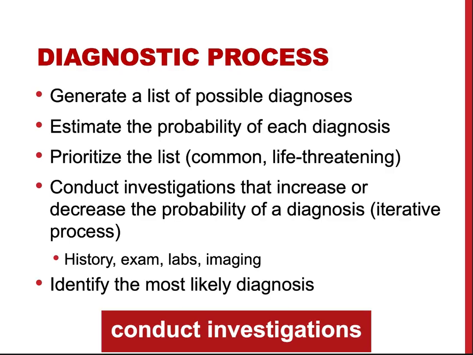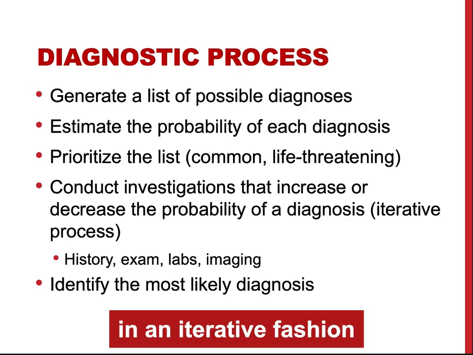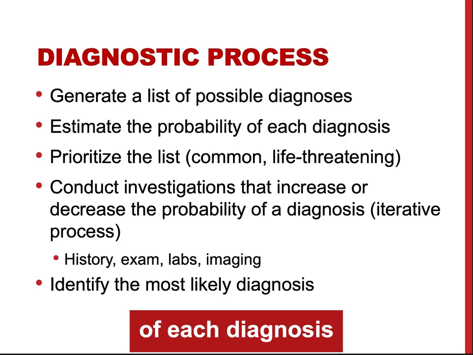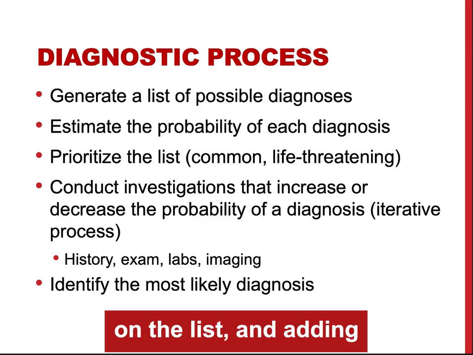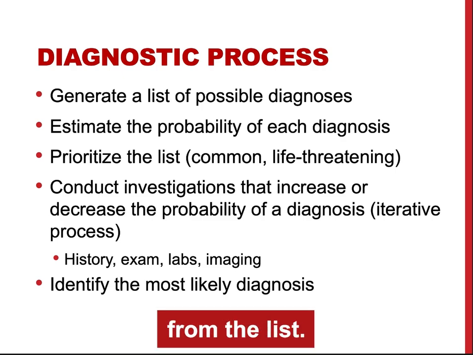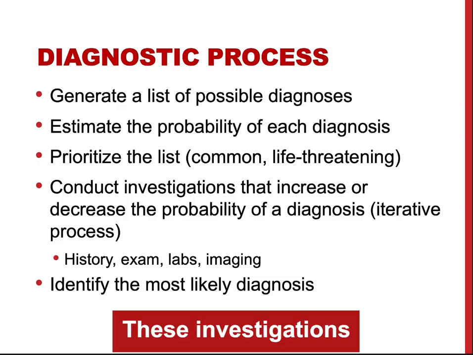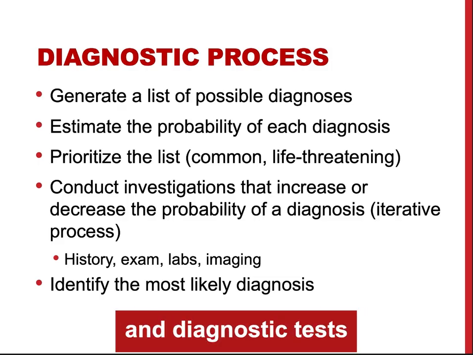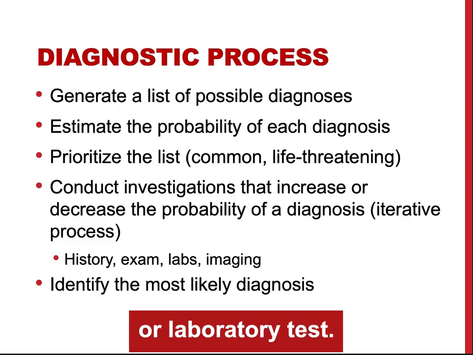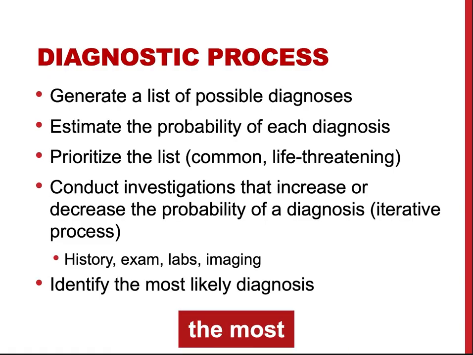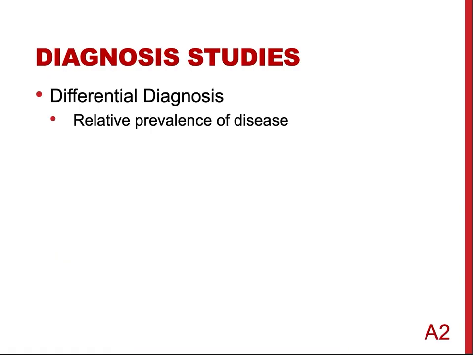We then conduct investigations in an iterative fashion to increase or decrease the probability of each diagnosis on the list, and adding or removing diagnoses from the list. These investigations include elements of the history, physical examination, and diagnostic tests such as imaging or laboratory tests. Finally, we identify the most likely diagnosis.